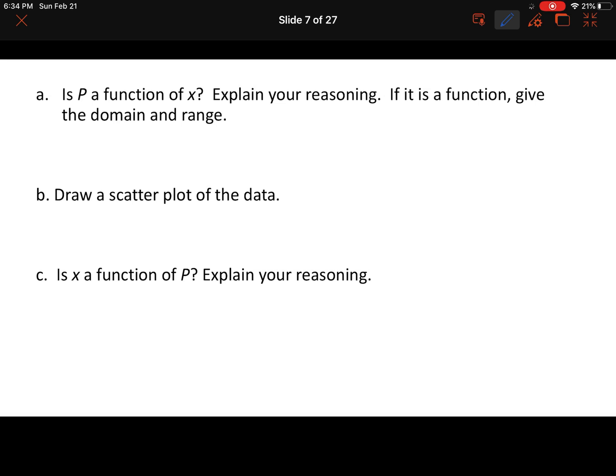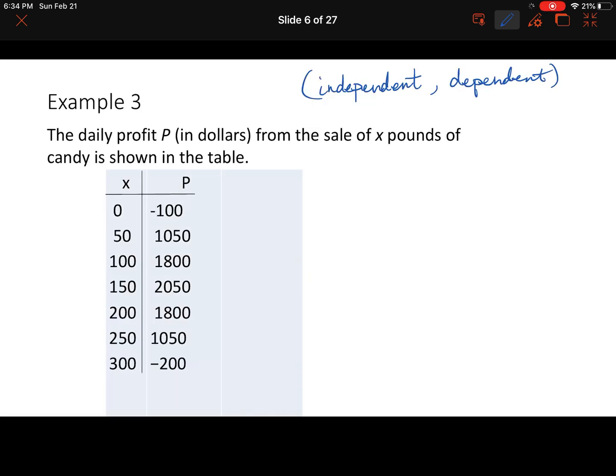Now, it says, is P a function of X? All right. How do we know if P is a function of X? Looking at this, yes, it's a function of X, because every value of the domain corresponds to a single value of the range.